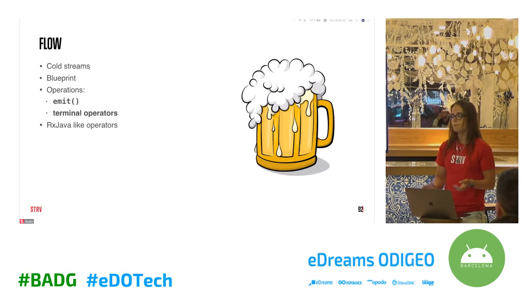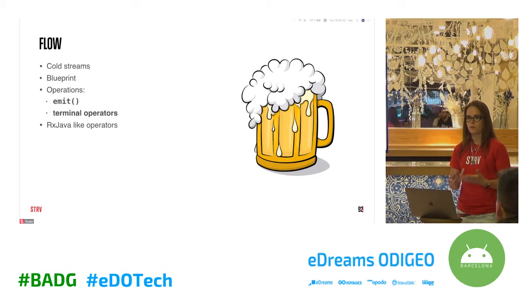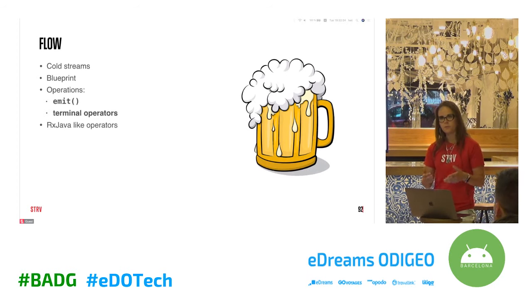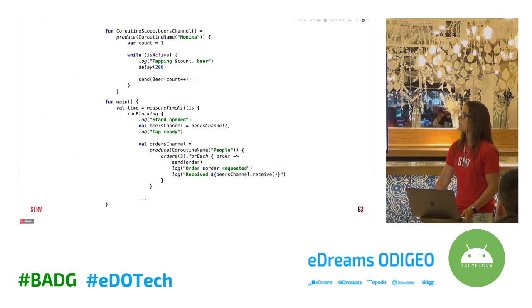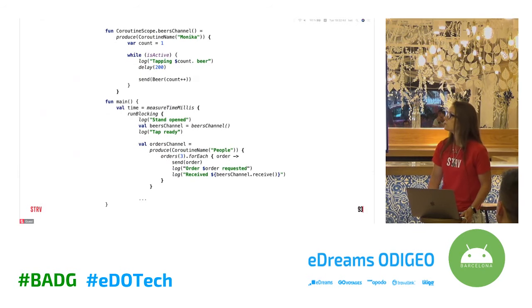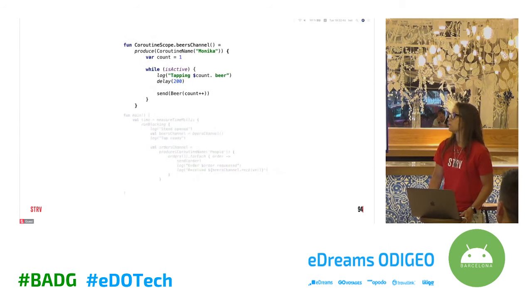Flow should be easy to understand for people familiar with RxJava because it works similarly. It has similar operators, but it just uses the suspending principle. So let's change our code by using flow. First of all, we need to rename our function to beersFlow.